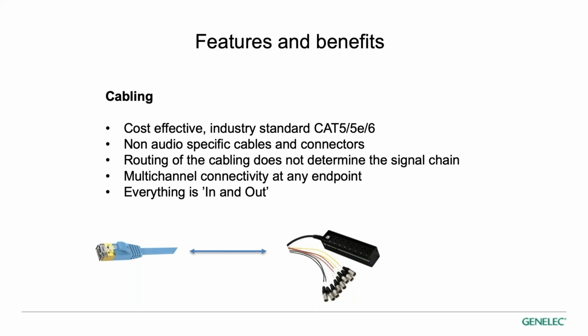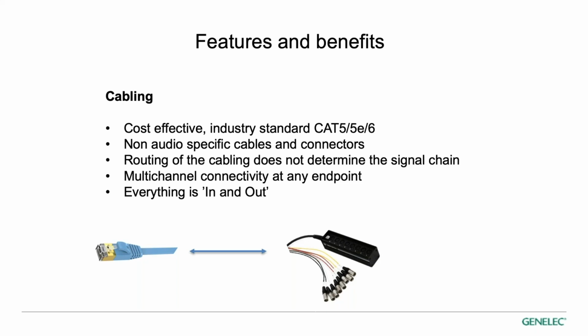Then thinking from the designer's seat, when you design the cabling for the system, the routing of the cabling, where actually the physical cables start and end, does not determine your signal chain. You don't have to know exactly what kind of channel counts you need to transmit from which room to which room, and as long as you can provide a connection point to the network, that's your signal chain.